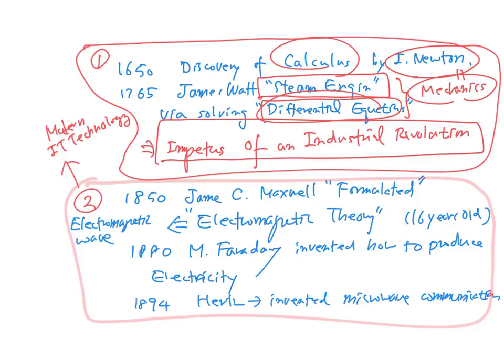And then about 100 years later, after the invention of a steam engine, James Clerk Maxwell formulated electromagnetic theory. And from that, two things came out. One is electricity, 전기. The other one is wave, microwave. So we can communicate through the space or long distance communication.